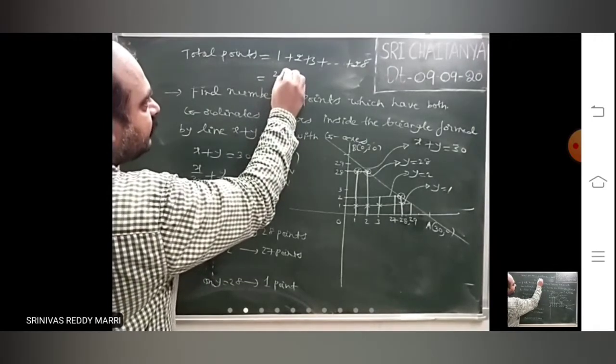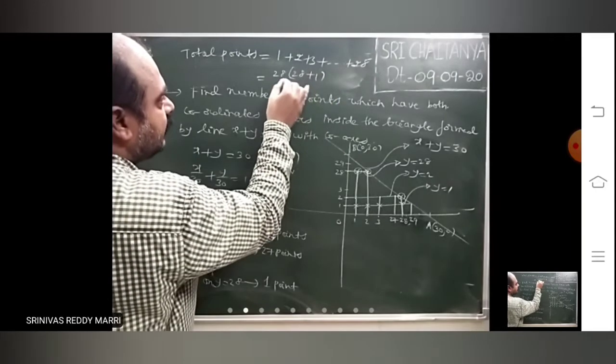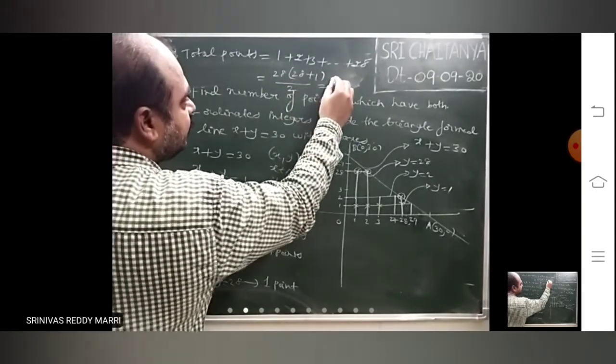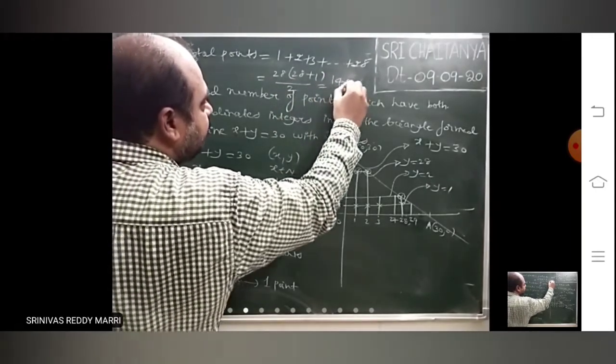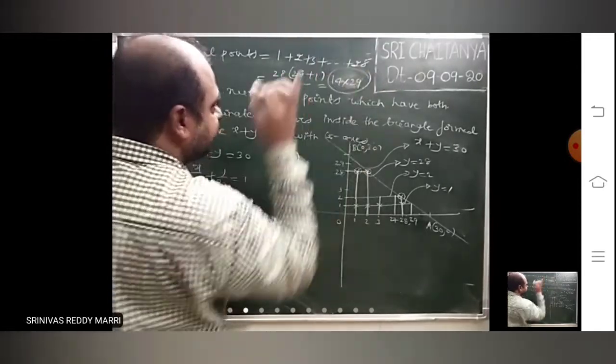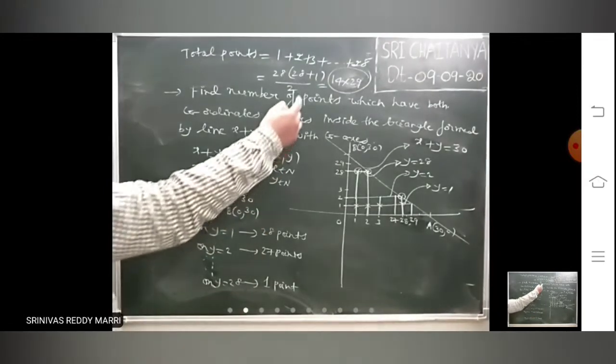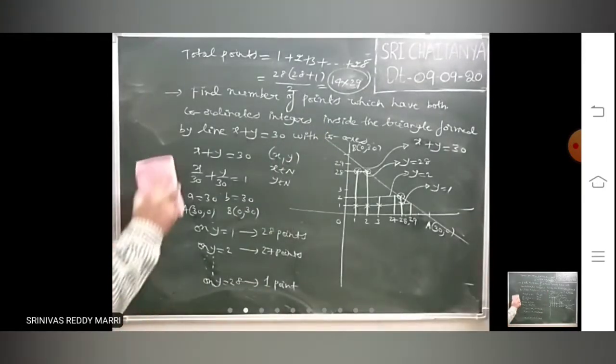What is the formula? N into n plus 1 by 2. So totally 14 into 29. You calculate this value. Those many number of points will be there, 14 into 29 points will be there.